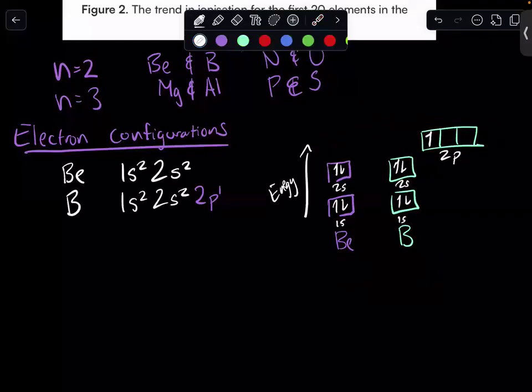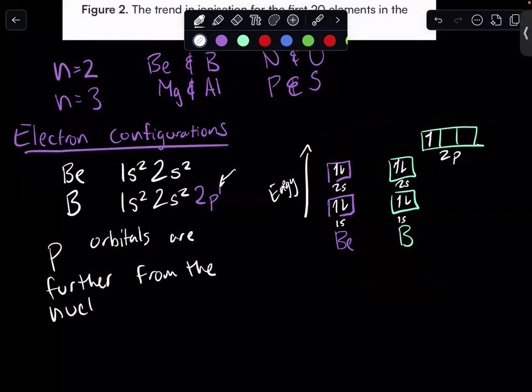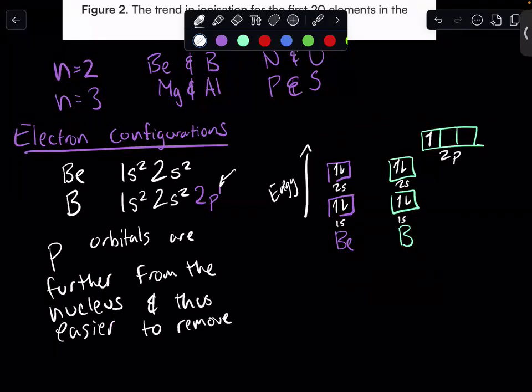It's like you're pulling your magnet further away. This electron is easier to remove. The p orbitals are further from the nucleus and thus easier to remove electrons from.